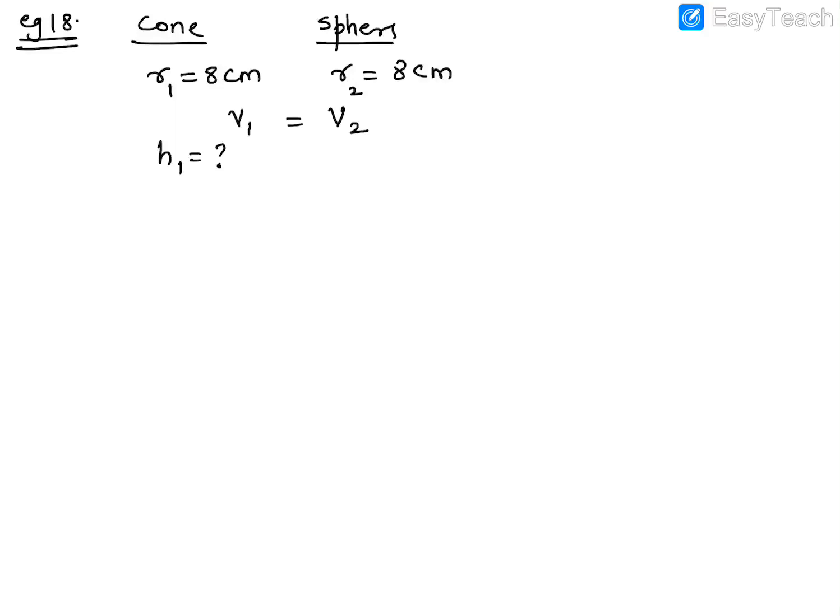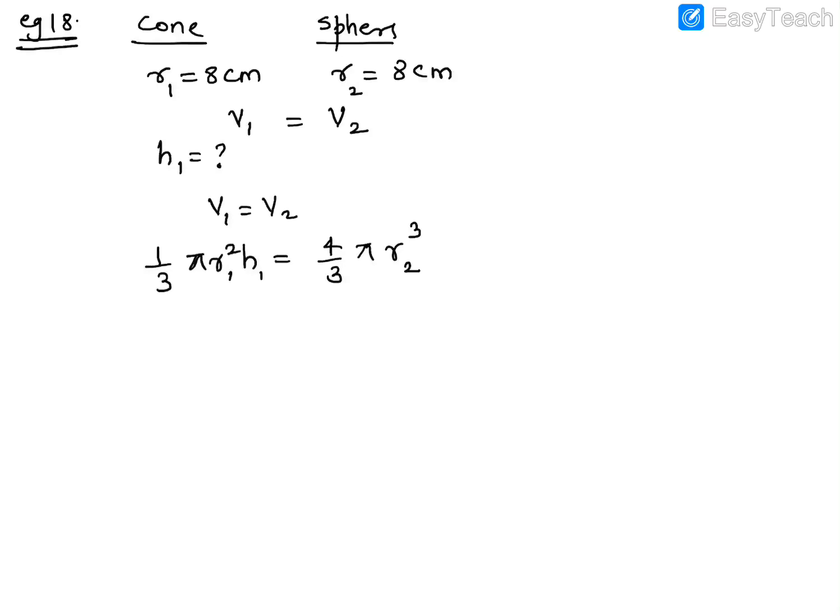Now since we are given that volume 1 is equal to volume 2, what's the formula for volume of cone? 1/3 pi r squared h. What is the volume of the sphere? 4/3 pi r cube. Now let's see what we can reduce here.